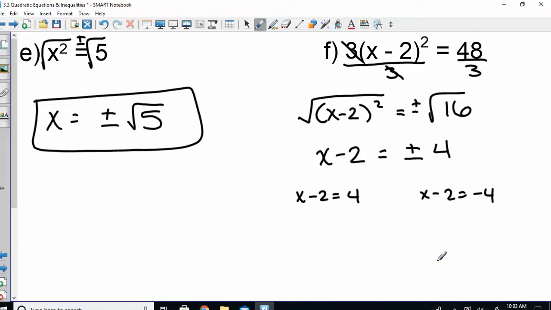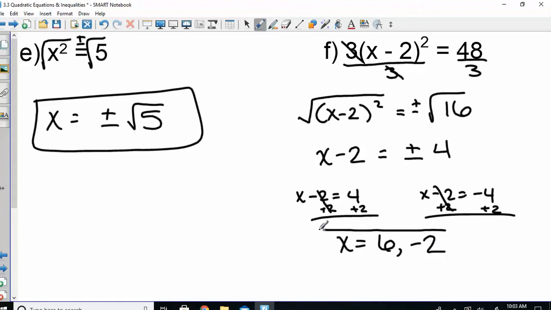So how do you finish that? Solve for your x, so add over your 2. So x could be 4 plus 2 is 6, or negative 4 plus 2 is negative 2. So x could be 6 or negative 2.